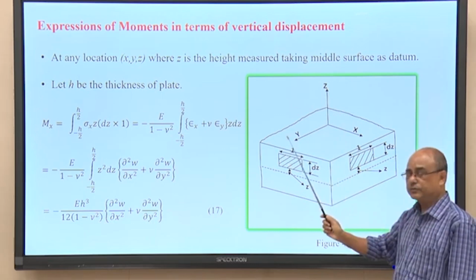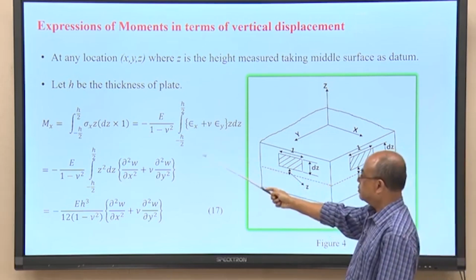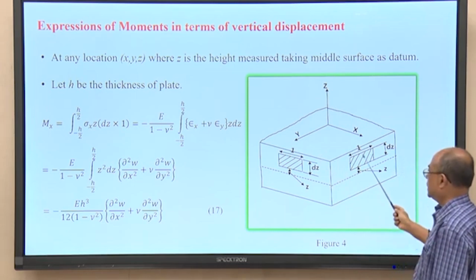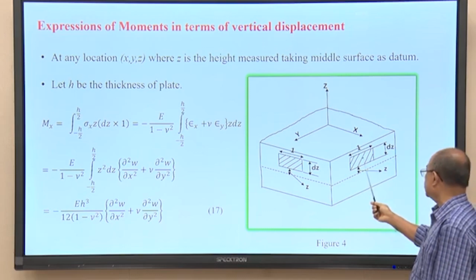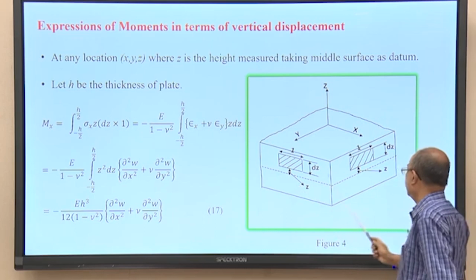Now, first we are considering the bending moment about the x axis. So, we are considering the stress normal to this face, that is, the normal direction is along the positive direction of the x axis.